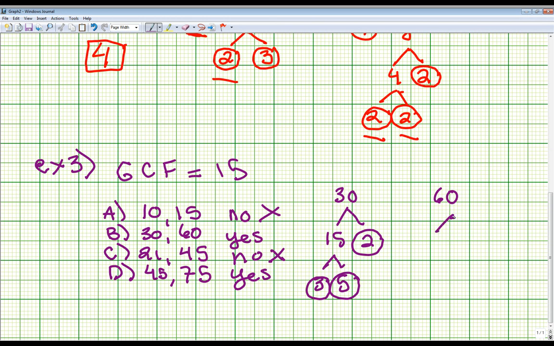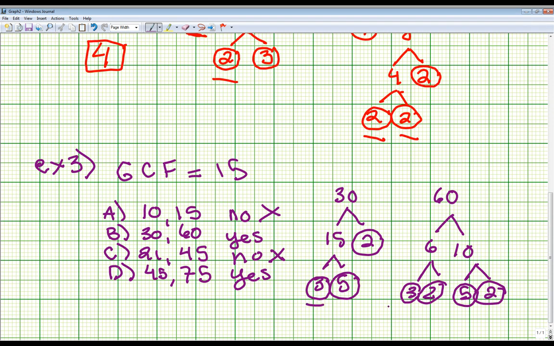If we factor out the 60, we could go 6 times 10. 6 can be divided up into 3 times 2 with primes there. 10, we can get there by going 5 times 2. And there's our primes.